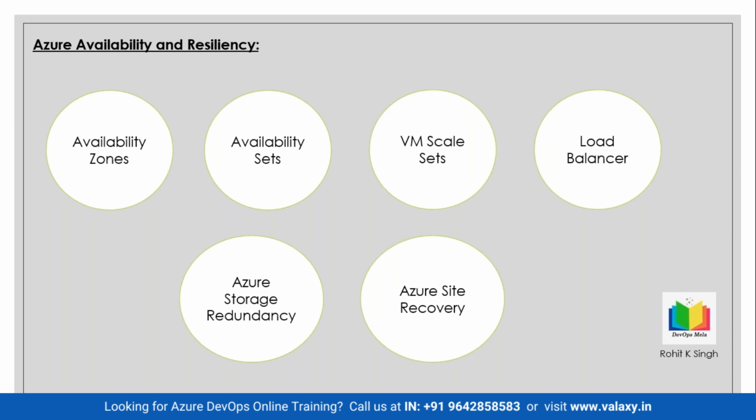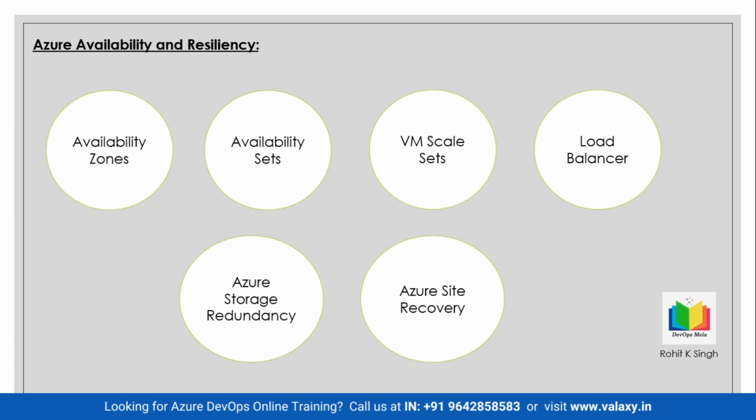No one is stopping you from doing that. But in reality, you should use VM scale set if you want such resiliency. VM scale set automatically comes with availability zone and availability set. It's a combination of multiple availability services. Plus it will have a load balancer.